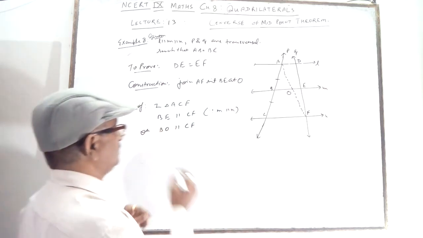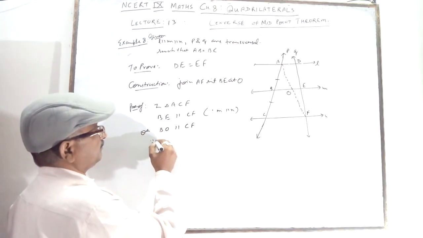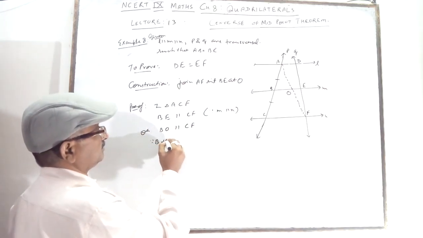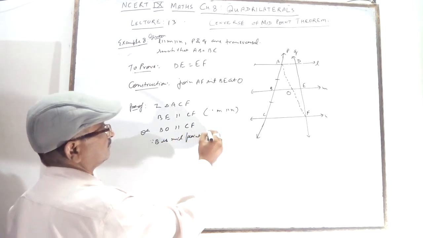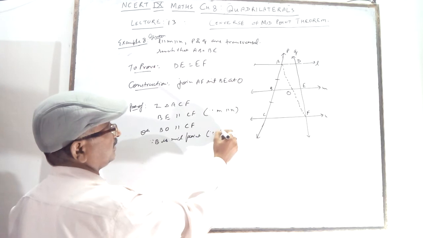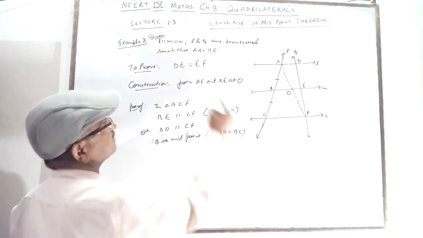B is the midpoint because AB is equal to BC. It is given.